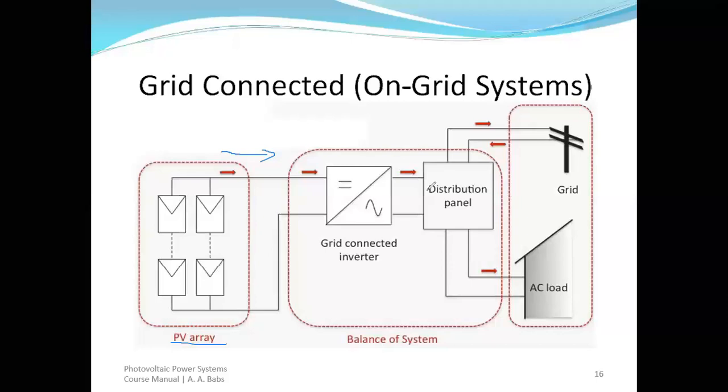In order to ensure that we have AC energy supplied to the user, we must incorporate a grid-connected inverter that converts the DC energy from the array to AC energy. The equal sign with a dash that you see here represents DC energy, and this sinusoidal wave represents AC. So we are converting DC energy to AC energy by an inverter.